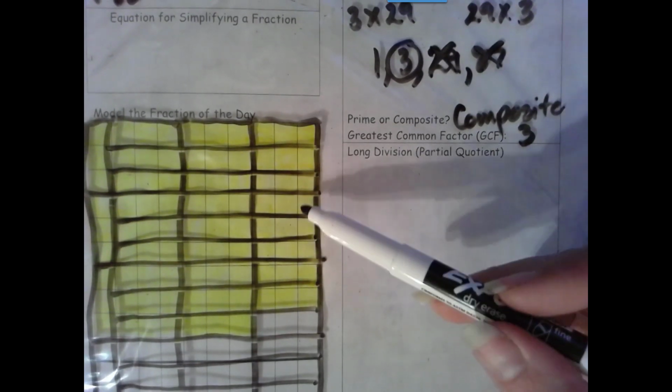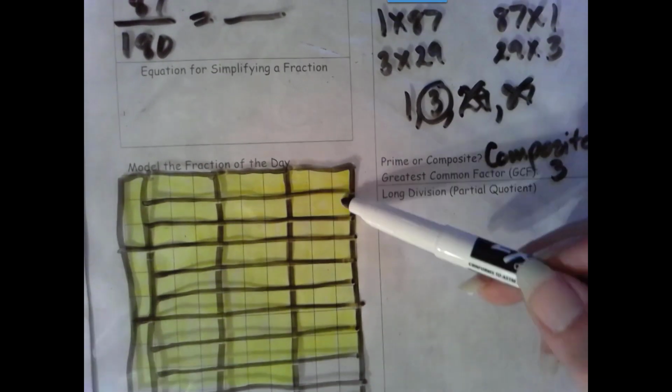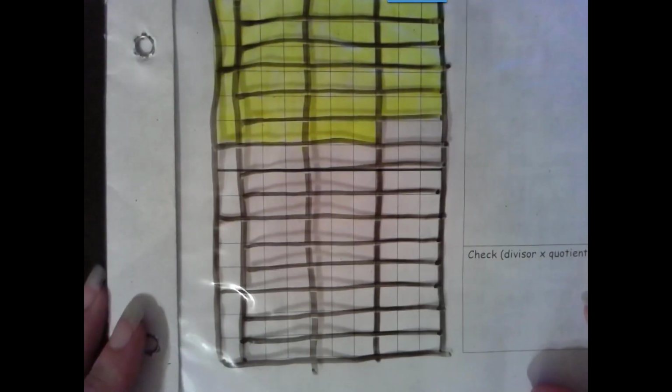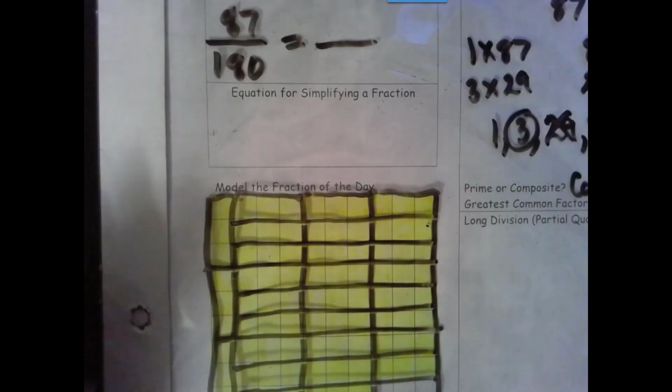Now let's find out how many total groups of 3 we have. So each of my rows has 3 in each, and then here I can add that column after. So 3, 6, 9, 12, 15, 18, 21, 24, 27, 30, 33, 36, 39, 42, 45, 48, 51, 54, 57, 60. 60 total groups.